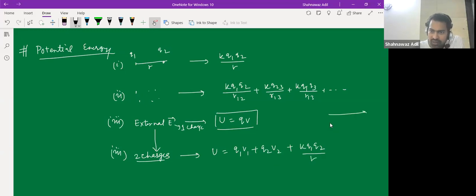We had some electric field, and at this point Q1 was there, and at this point Q2, and they had some separation R, and the potential at this point is V1, at this point V2. So then we calculated the potential energy like this. Understood?